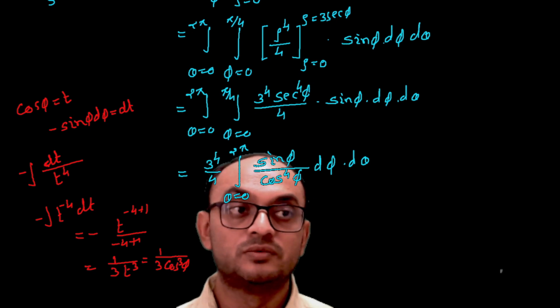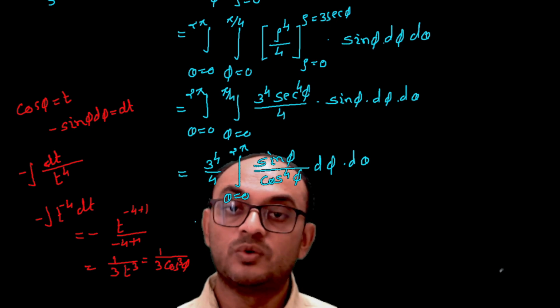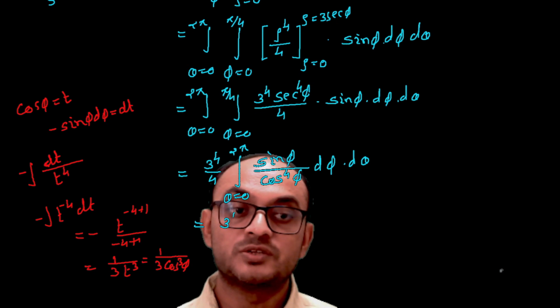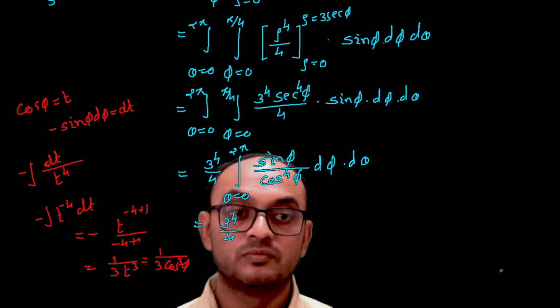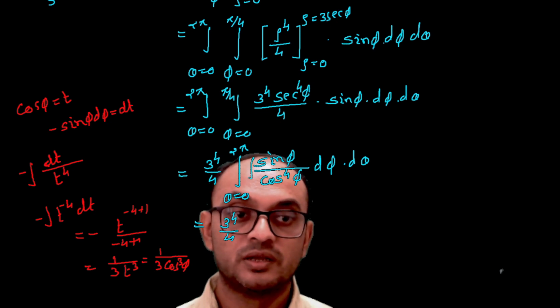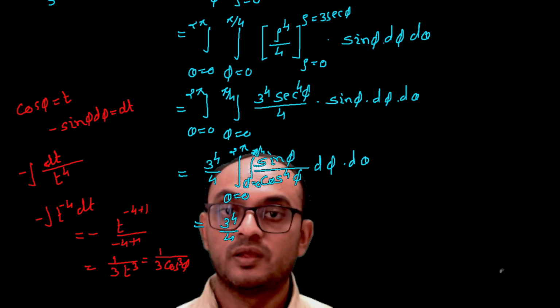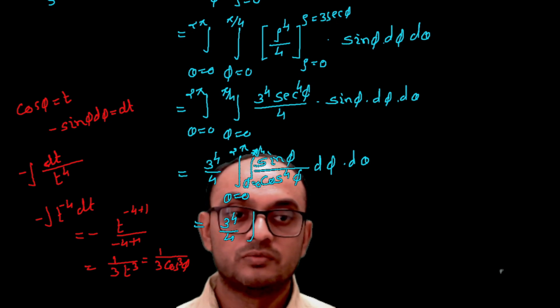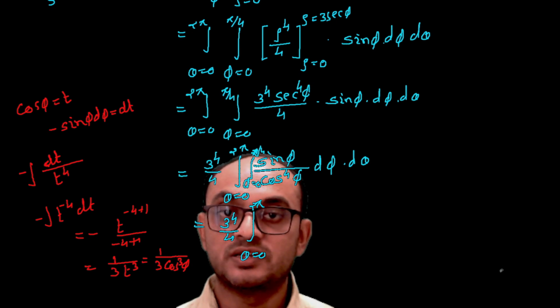Right. So this is equal to 3 raised to 4 divided by 4. I have to write here phi is equal to 0 to pi by 4. Right. Now theta equal to 0 to 2 pi as it is.